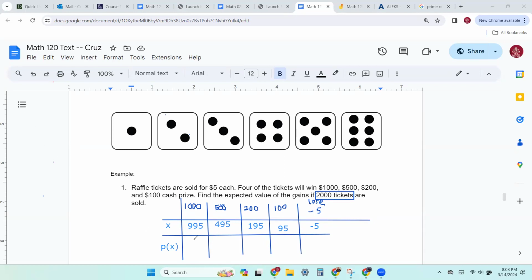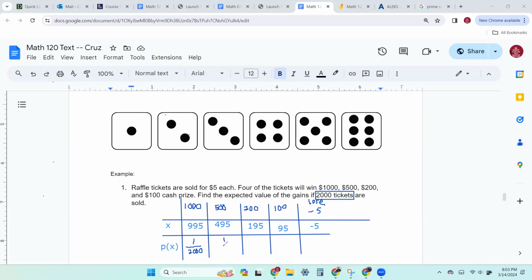How many winning tickets are there for $1,000? Just one. Out of how many? 2,000. So that's the probability of winning that one.